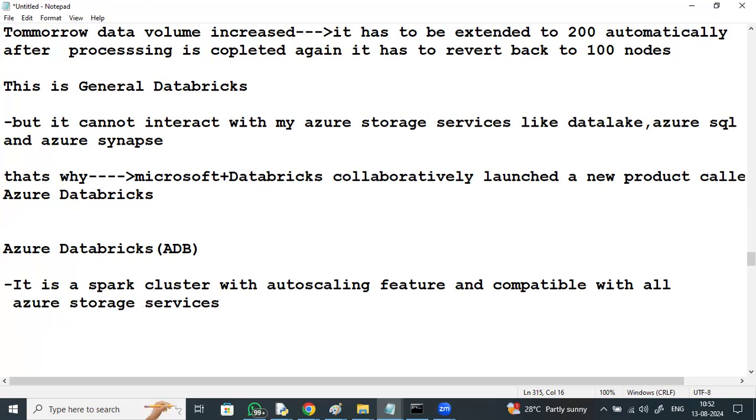Now ADB can read from this Data Lake, from this Synapse DB, Azure SQL, or Cosmos DB. For normal Databricks, we need to do a lot of other settings and call different APIs. Databricks is not only for Azure, but also for AWS and Google.